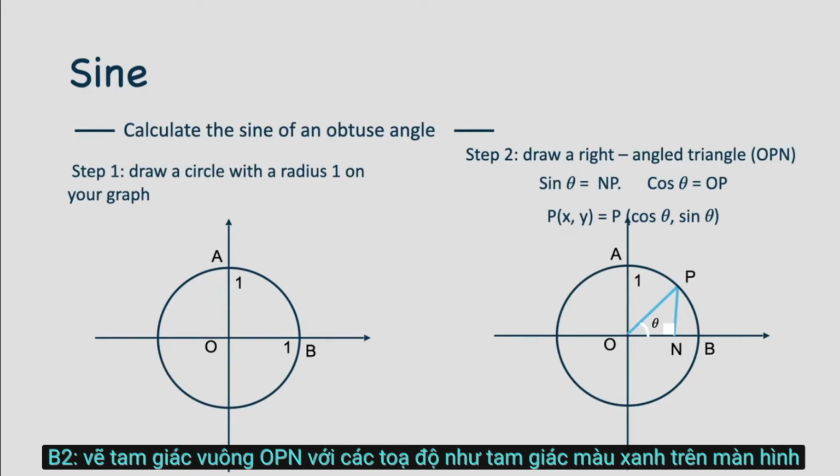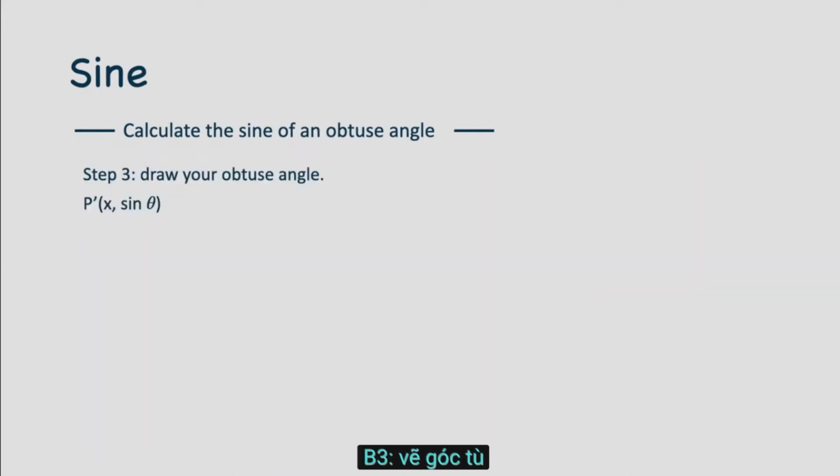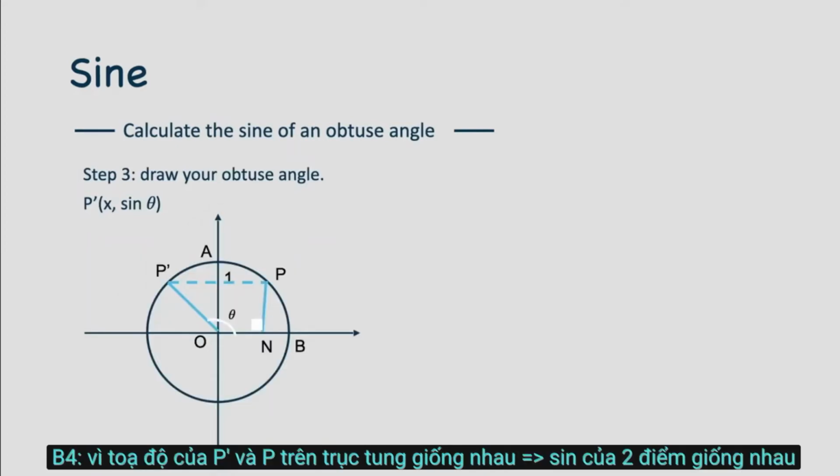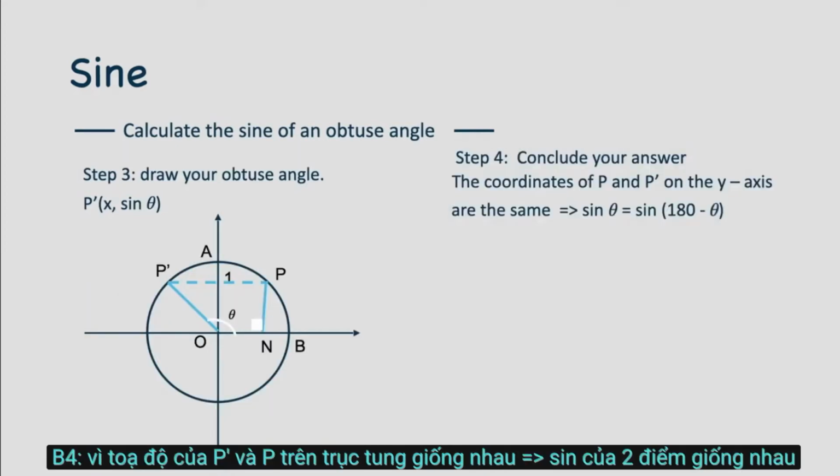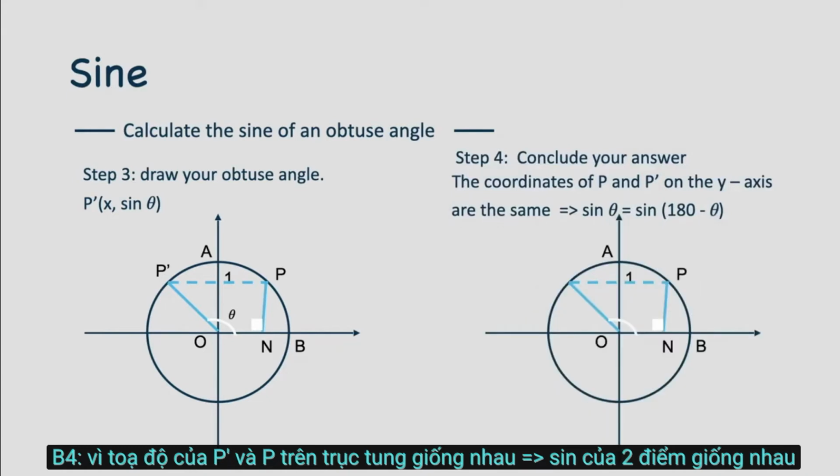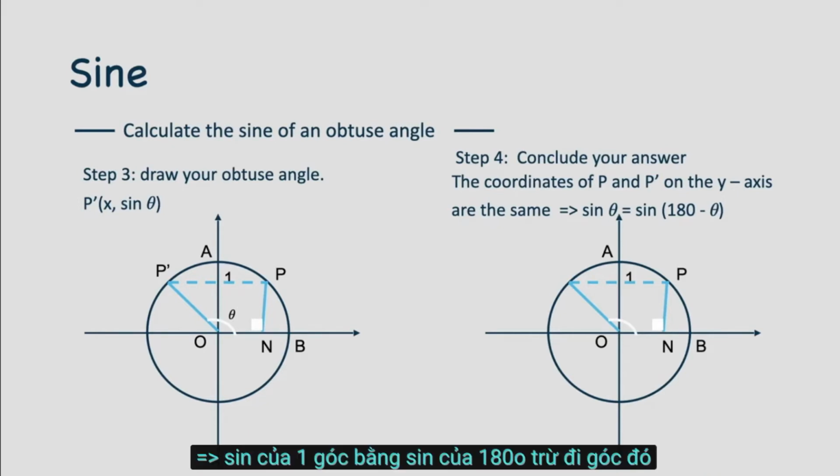Replacing this into P at (x, y), we have P at (cos theta, sine theta). Step 3, draw your obtuse angle, P dash at (x, sine theta). And step 4, conclude your answer. The coordinates of P and P dash on the y-axis are the same. So that means sine theta is equal to sine of 180 minus theta.